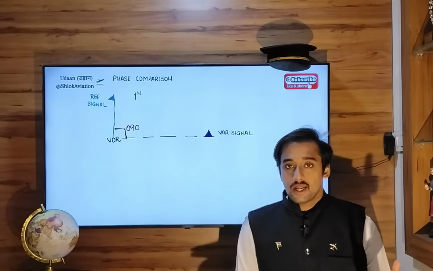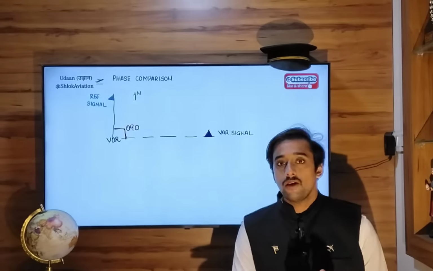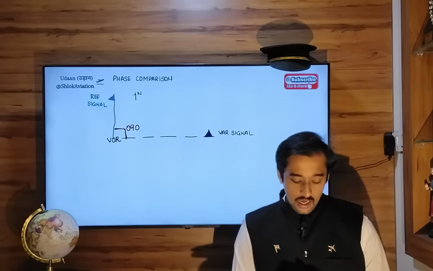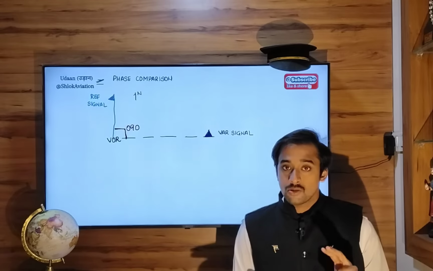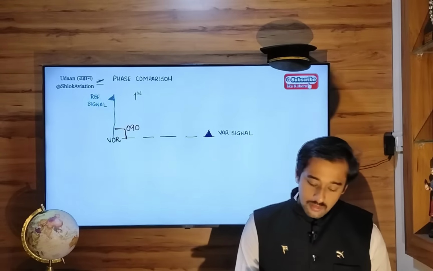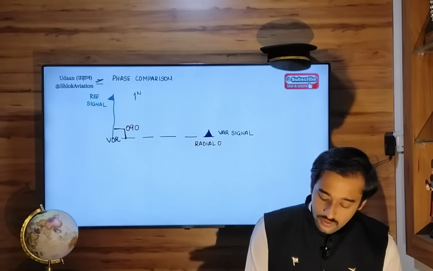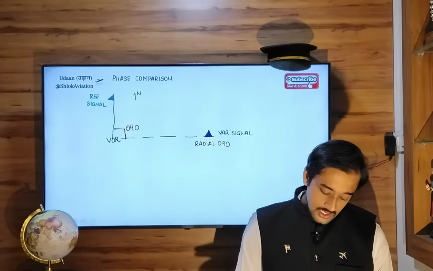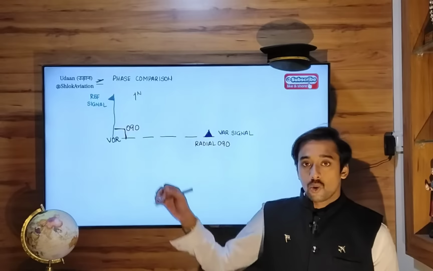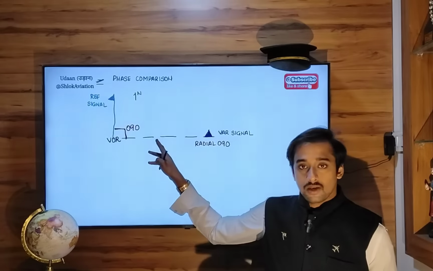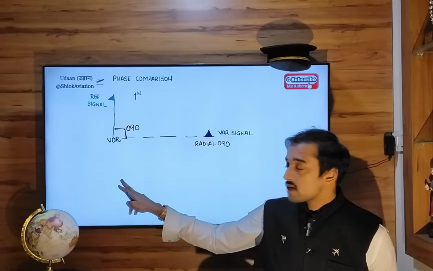So phase comparison, the phase difference between your reference wave and your variable wave, right? Now if the difference between these two signals is 90 degrees, that means we will call this radial 0, 9, or 0.